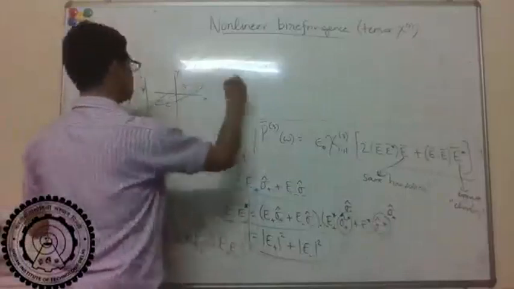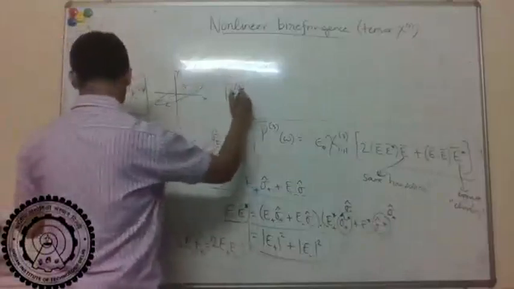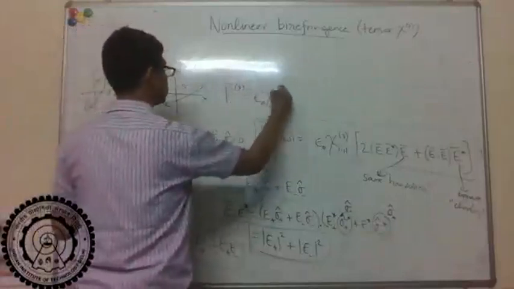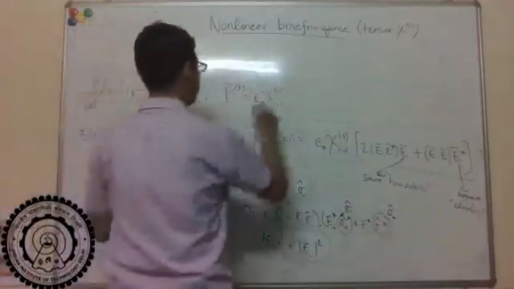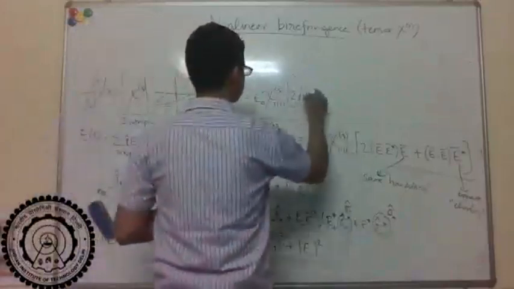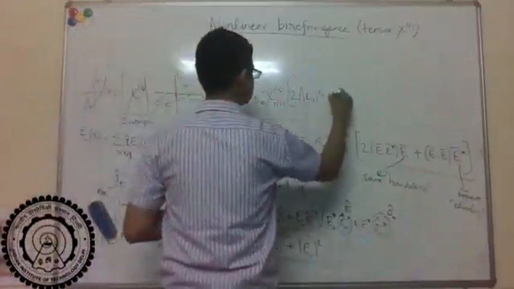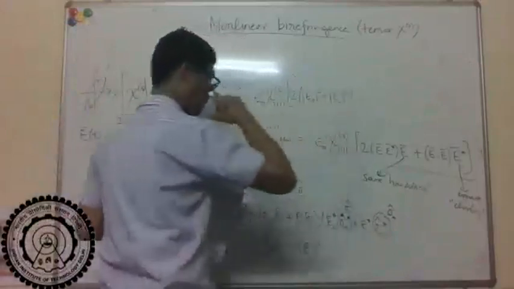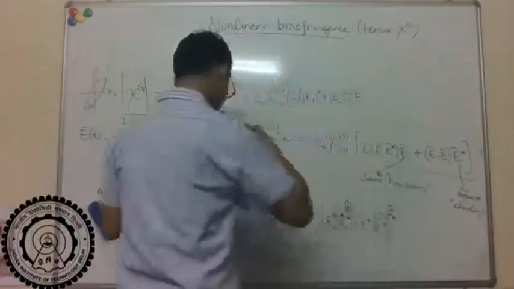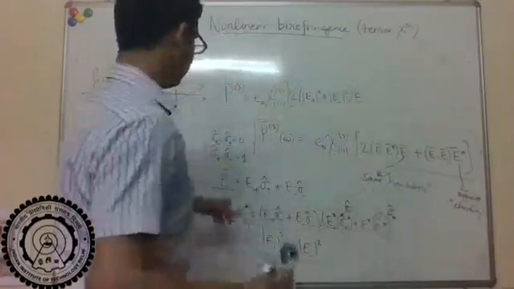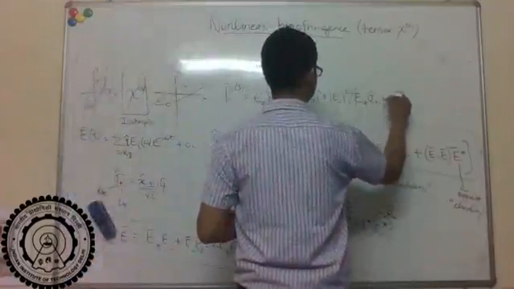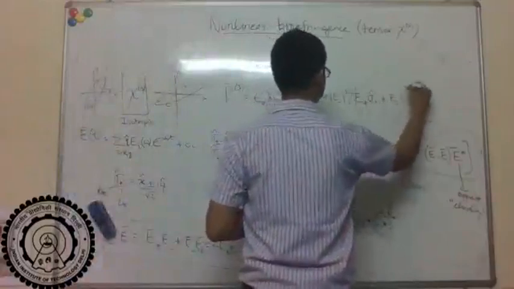So the third order polarization here becomes: E dot E star is mod E plus square plus mod E minus square, and then E I write as E plus sigma plus plus E minus sigma minus.